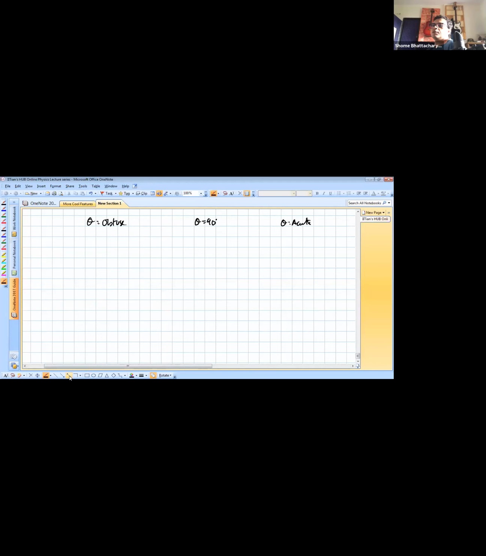That is what we have the parallelogram law for. So if A and B are vectors with an obtuse angle between them, you can see that their vector parallelogram will look like this, because the angle is obtuse.